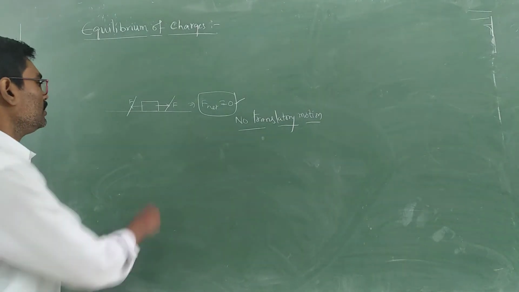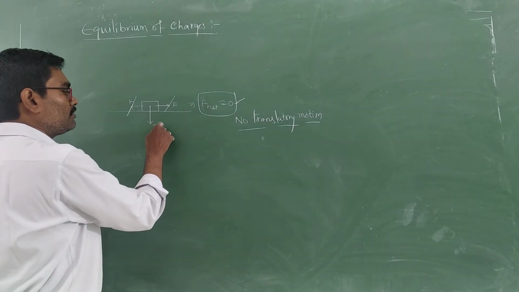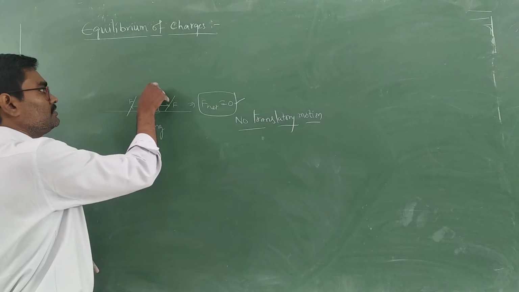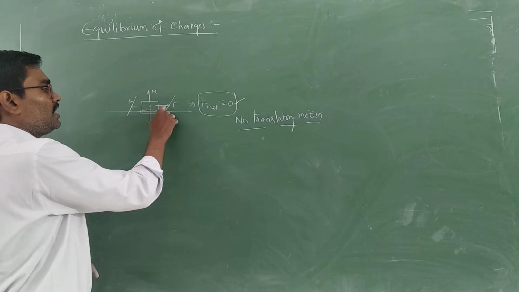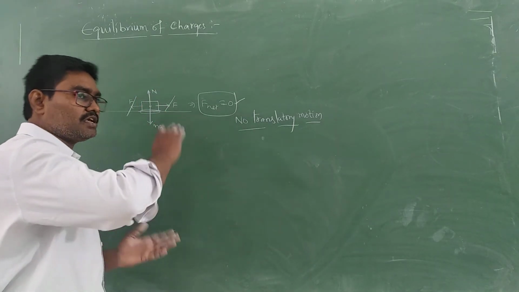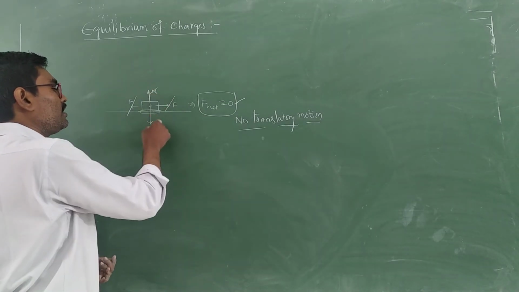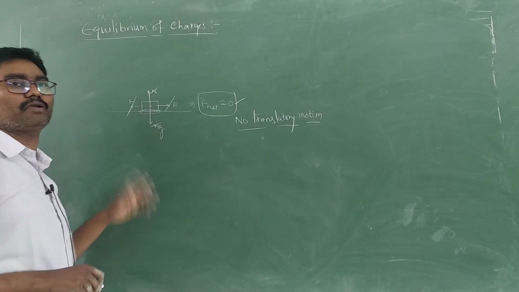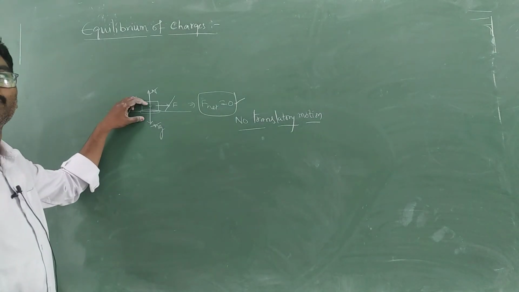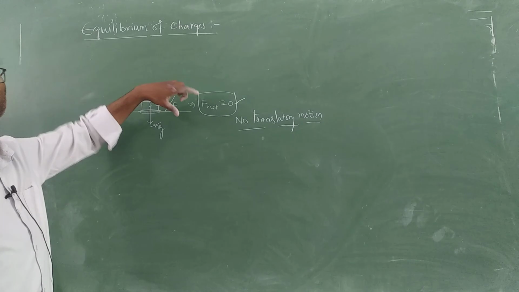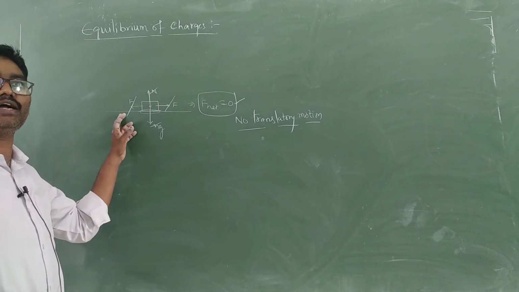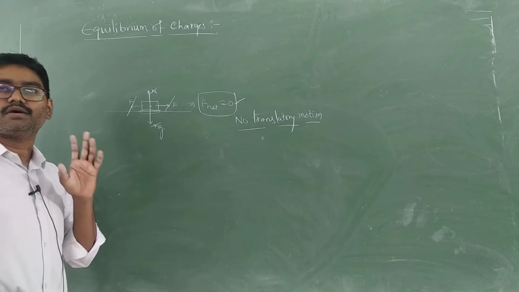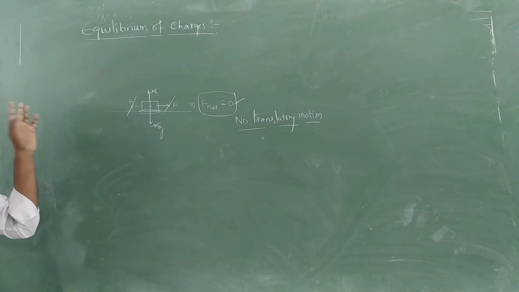The weight of this body is acting vertically downward, and the normal reaction by the surface will act in the upward direction. If the body is vertically also in equilibrium, that means upward and downward forces are equal and cancel each other. So totally the body is in equilibrium: vertical equilibrium and horizontal equilibrium both. The net force acting on it is zero.